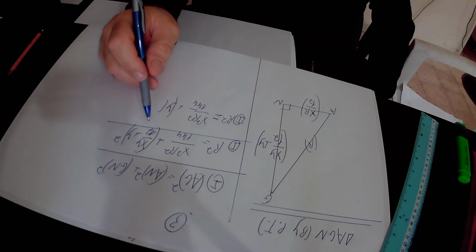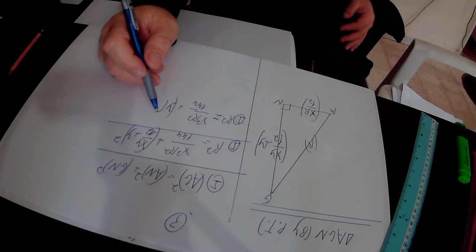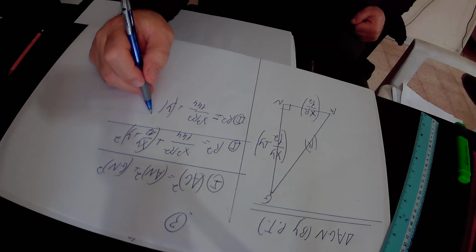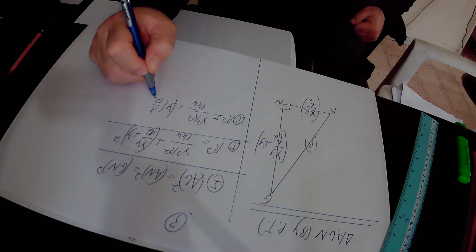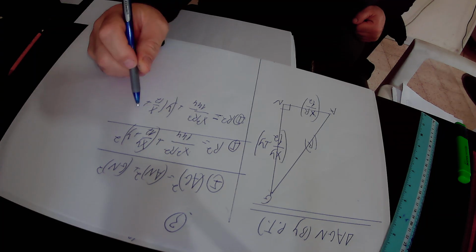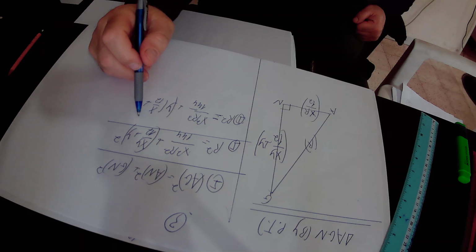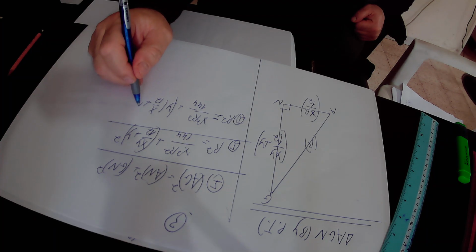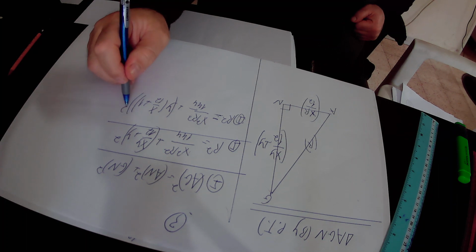What is left from XY over 12 after we took Y as a common factor? What is left is actually X over 12. And we have here Y. What is left from Y after we took Y as a common factor? What is left is actually 1. All squared.